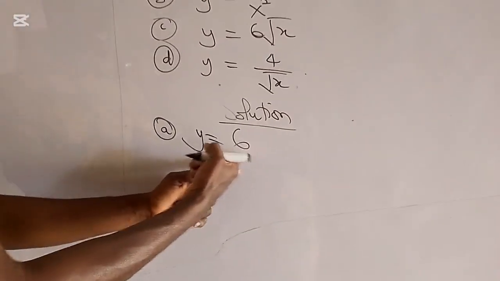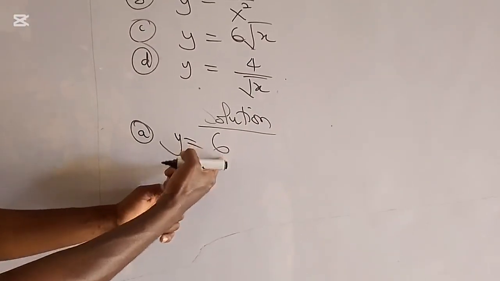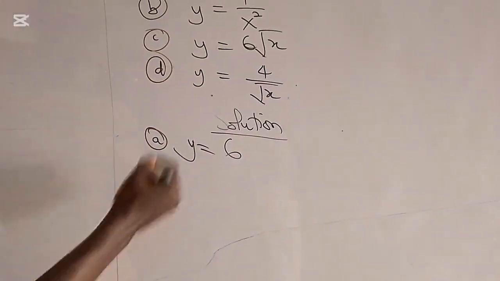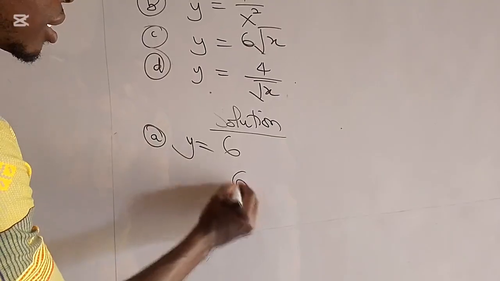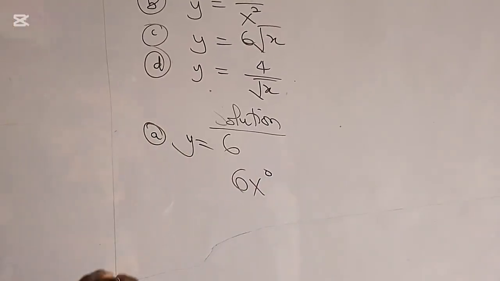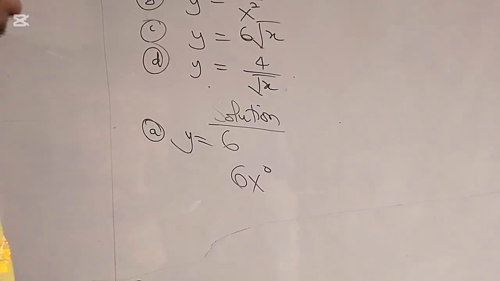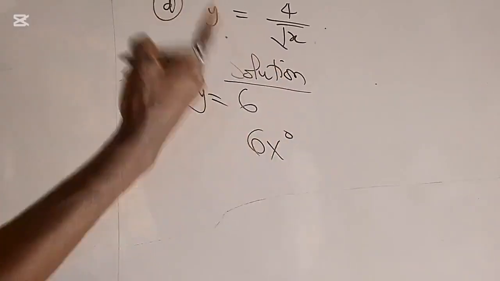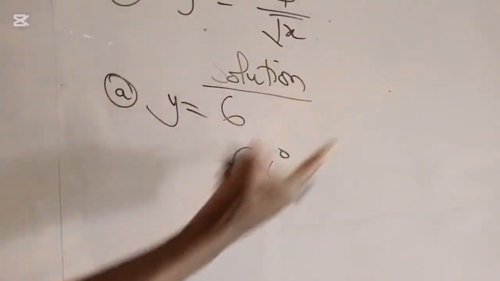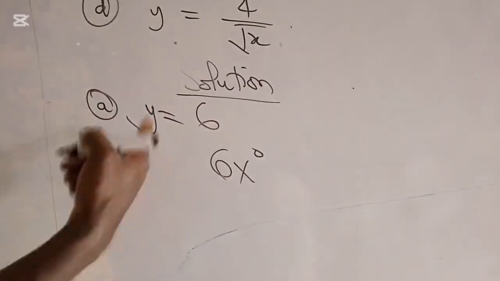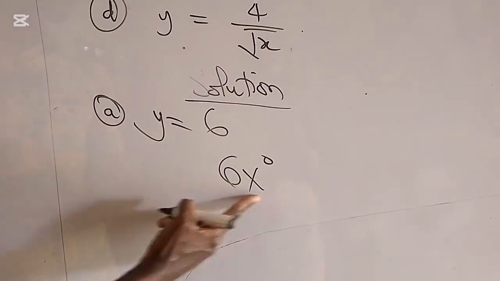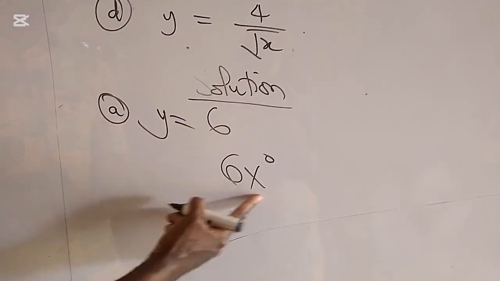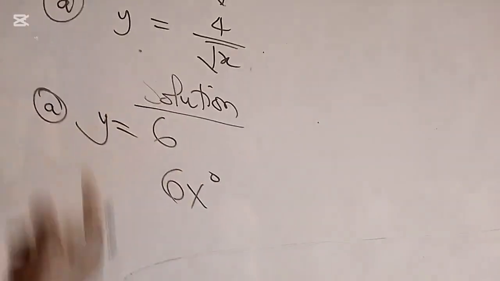This you can equally write as 6x exponent 0. Why should we write it like that? We can do that because we said early on that any variable or number that has an exponent of 0 is 1.